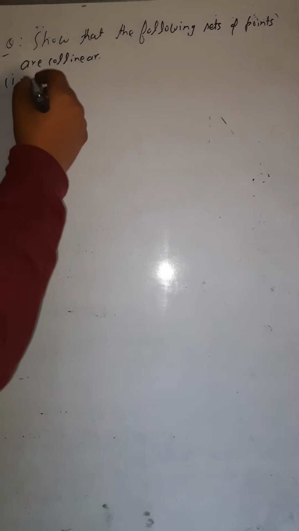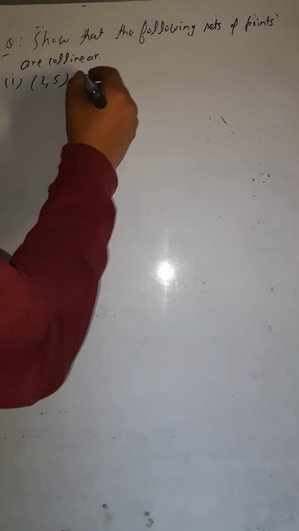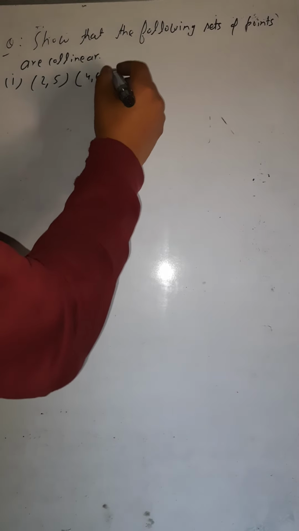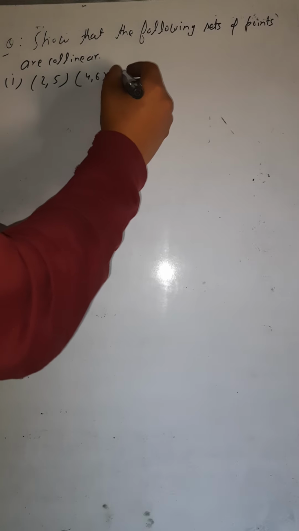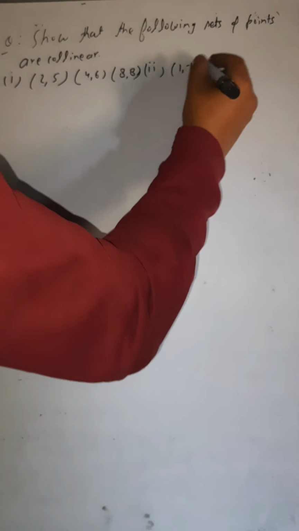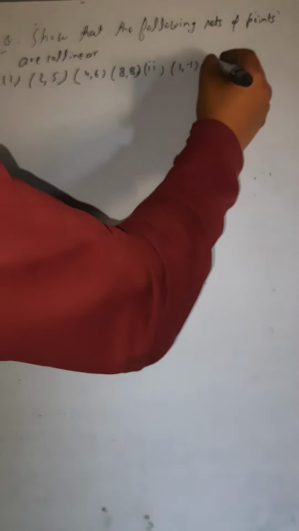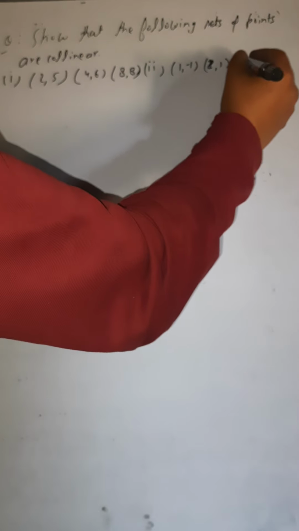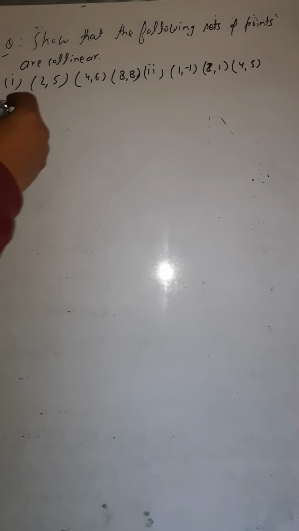The first one is (2, 5), (4, 6), (8, 8), and the second question is (1, -1), (2, 1), and another point (4, 5). So I am doing the first one before you, and the second one you would do on your own.